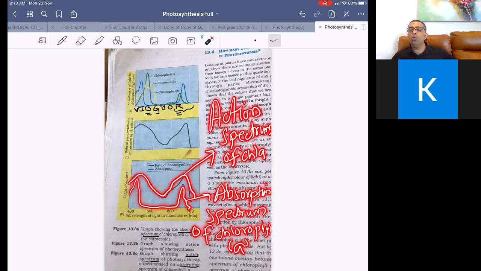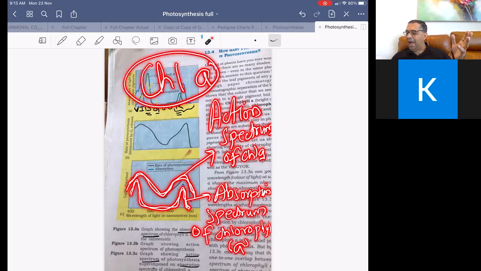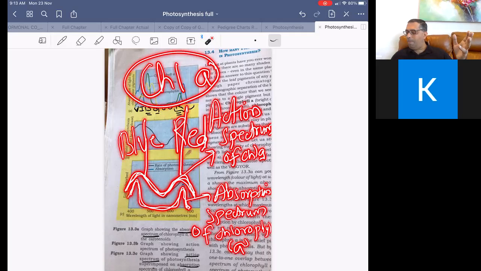And from the NEET point of view, for which pigment are the absorption spectrum and the action spectrum matching? Which pigment? क्लोरोफिल ए पिगमेंट के अंदर the action spectrum is maximum in blue light and in red light, and the absorption spectrum is also maximum in blue light and in red light.